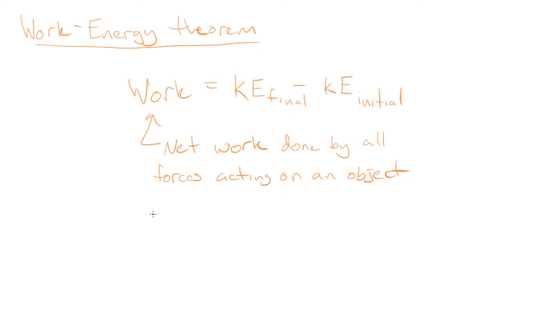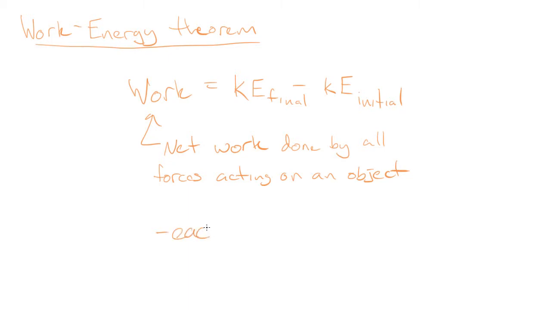If you have a change in kinetic energy, in other words, if an object speeds up, it doesn't change mass, it goes faster, energy must have been added by some force. That's all that this says. And we can calculate the energy added by calculating the work done by that force. All right, now I said net work done. So in order to calculate the net work, I have to take into account each force.